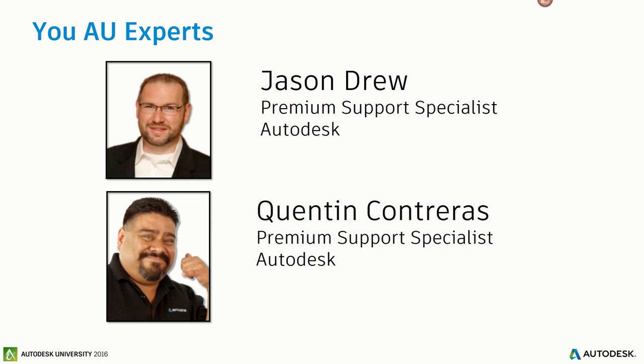But I've been doing product support for AutoCAD for about 4.5 years. Kind of came in on the coattails of Jason when he started. Mainly supporting, like I said, Plant, P&ID, some core AutoCAD as well. I started out on frontline support, and then right now I'm currently doing premium support for our enterprise support customers. Kind of my background leading up to my career with AutoCAD is that I've always done drafting.